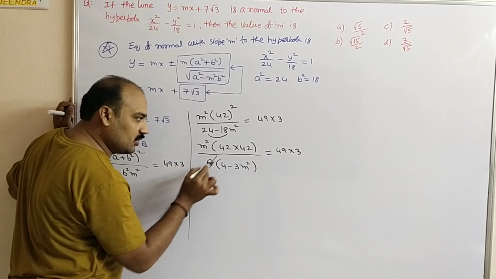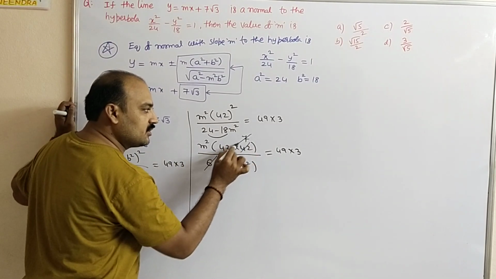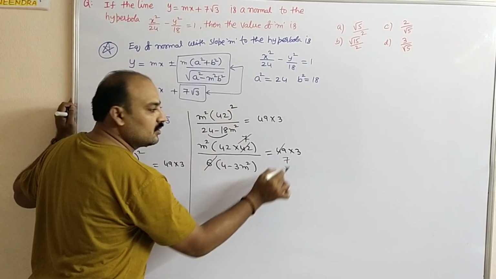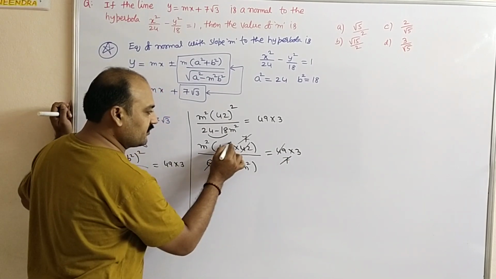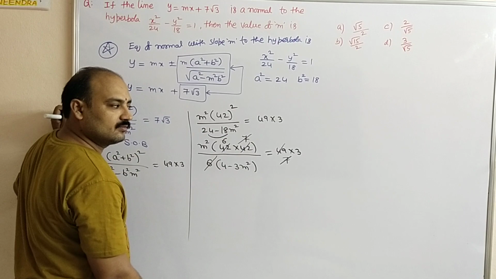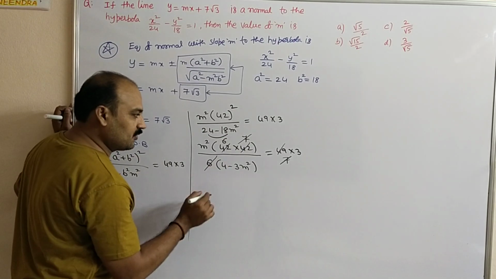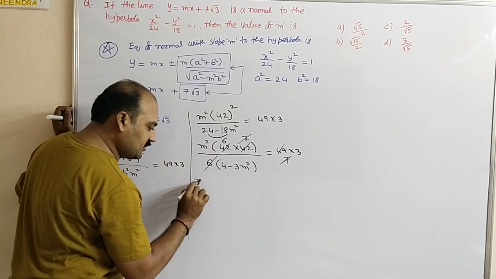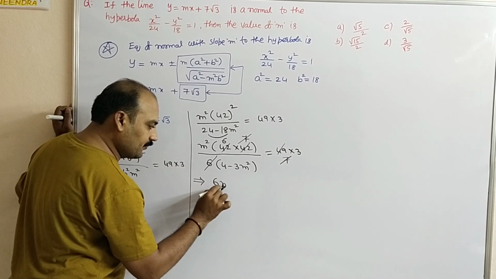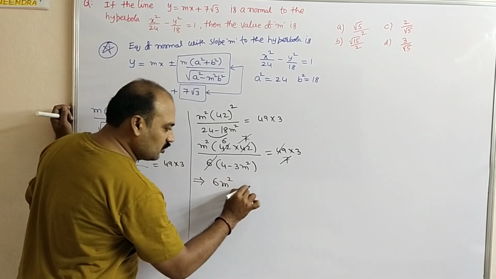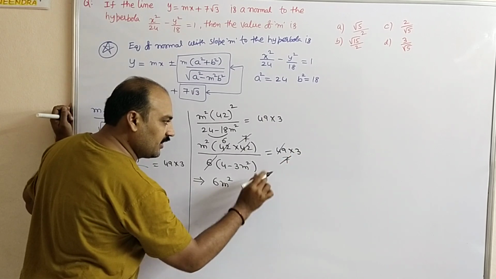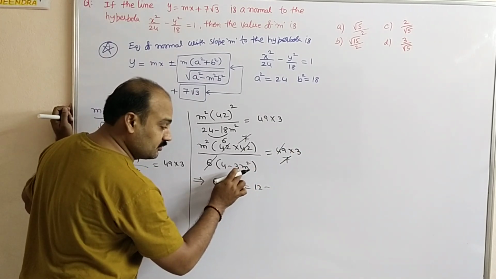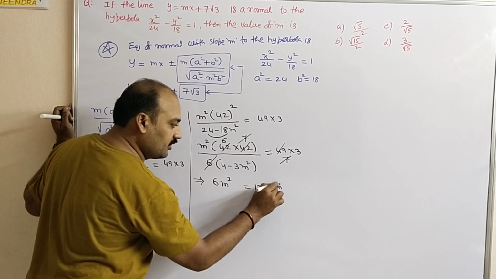Observe carefully: 6 1s are 6, 7s are 7, 1s are 7, 7s are 49. After that 7 1s are 7, 6s are 42. So now cross multiply: 6 into m², 6m² clearly is equal to 4 into 3, 12, minus 3 into 3 square, 3m² minus 3m², 9m².